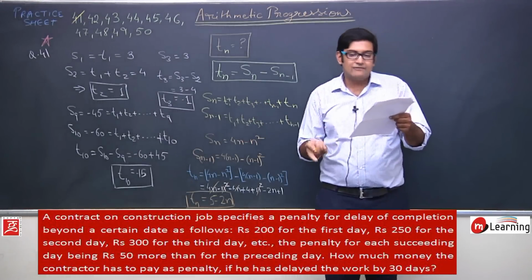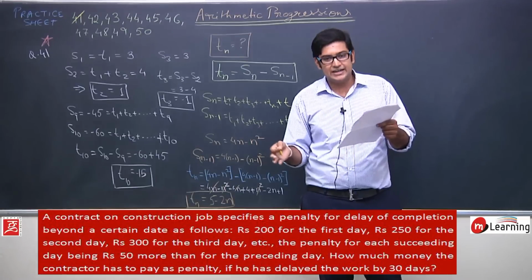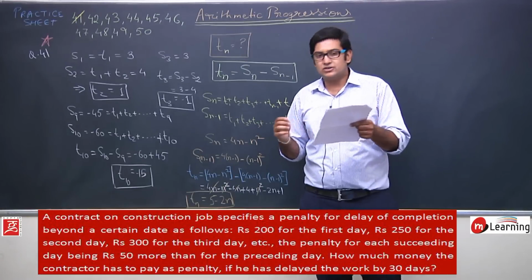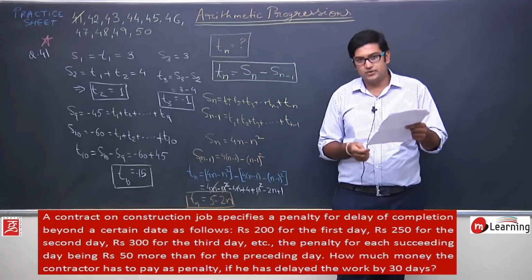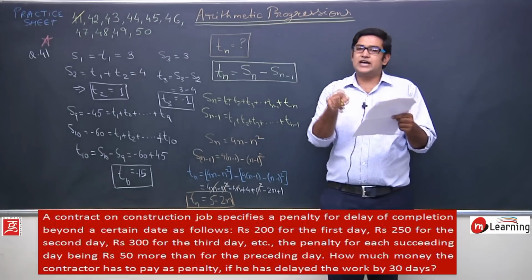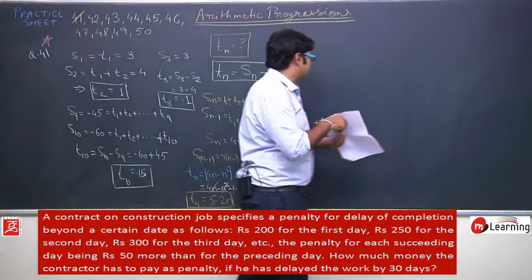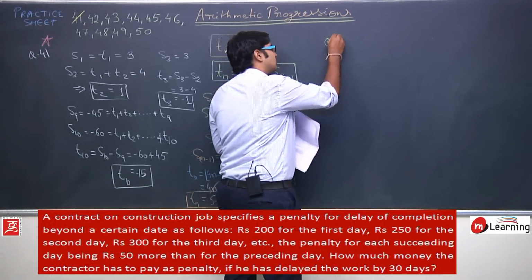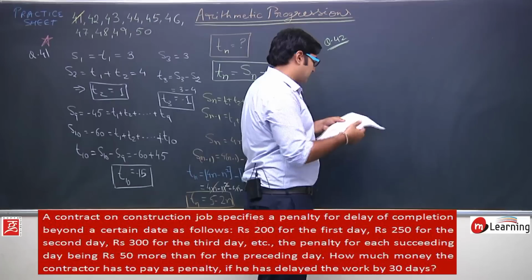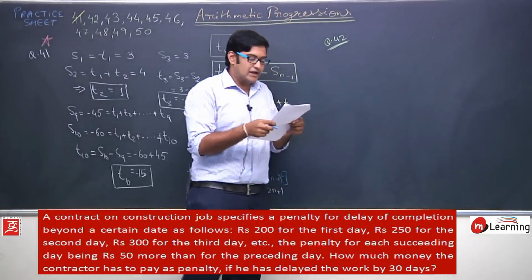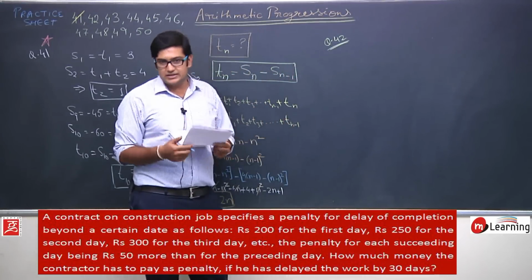If the work is not completed on the second day, he will be charged rupees 250, and for the third day rupees 300, and so on. The penalty for each succeeding day is 50 rupees more than the previous day.